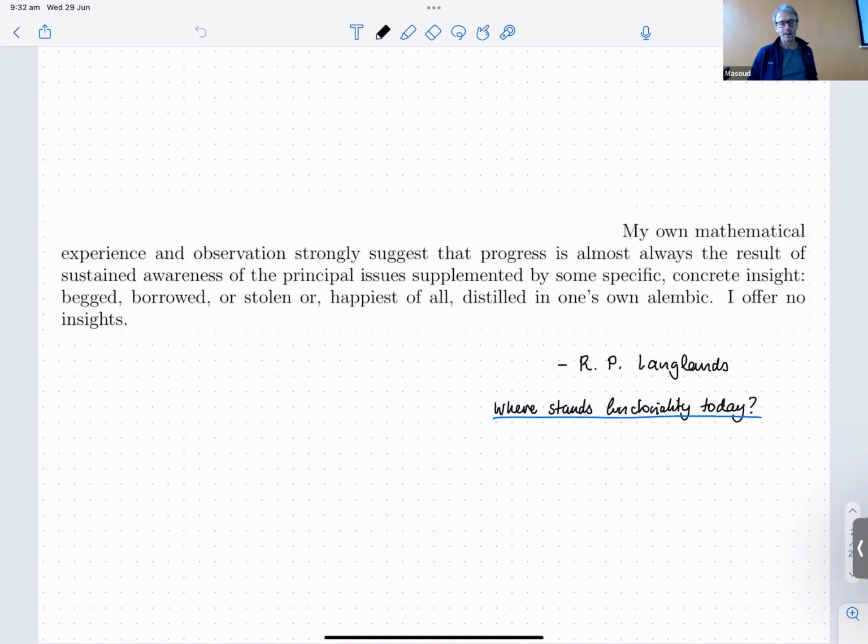I think it's a nice message to keep in mind: it's not simply enough to think that something's important and worth solving. You need some specific in. I think most mathematicians have 20 problems they would love to solve, and for 19 of them they have no particular way of solving them currently.